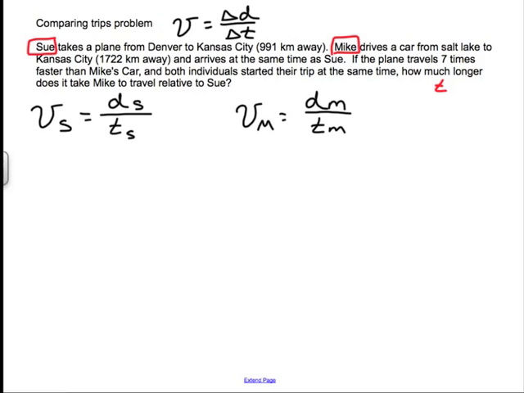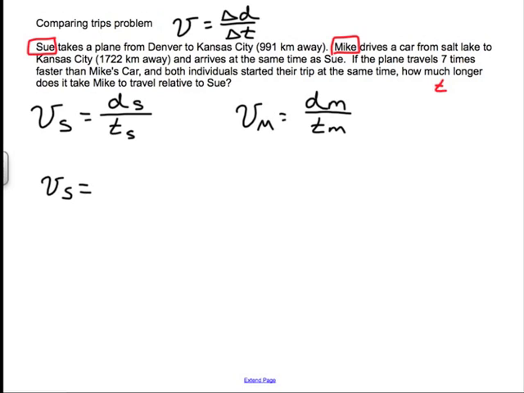Okay. Now, the next step is to go through and start really figuring out what you know and what you don't know. I do know both of these individuals' distances that they are traveling. I do not, at this stage, know much about their velocity, so I'm just going to leave those for a second.